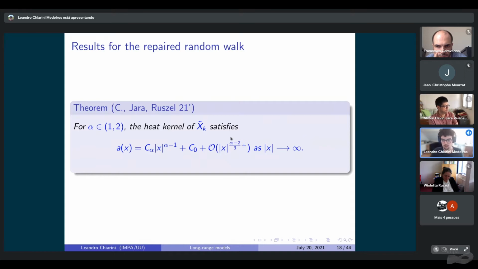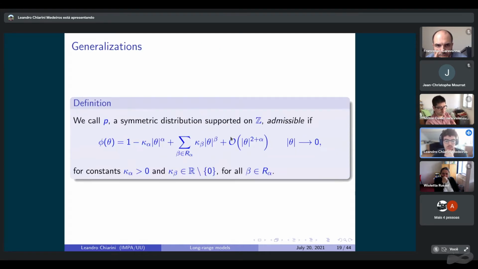But you might have noticed that we haven't used at all the density of the distribution itself. We really used the characteristic function at the end of the day. So we can extend all of our results, not just for the p alpha that we just talked about, but for any random walk for which we can compute the characteristic function, which is a nice class.